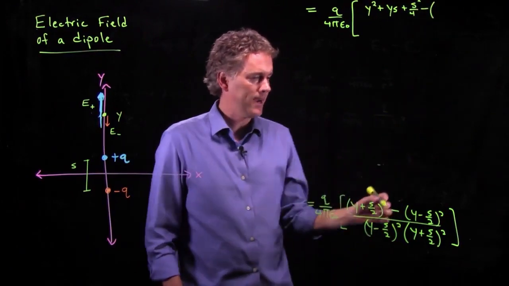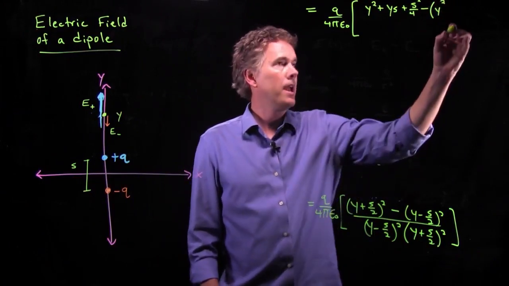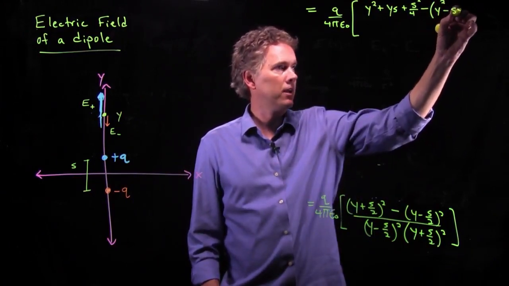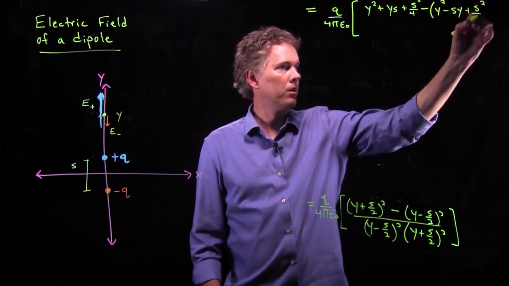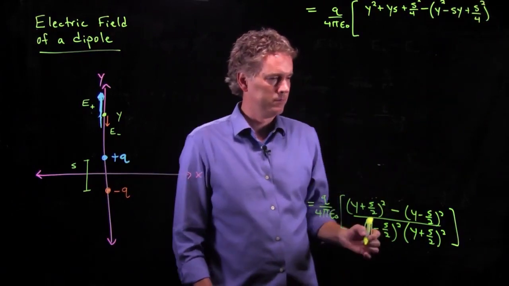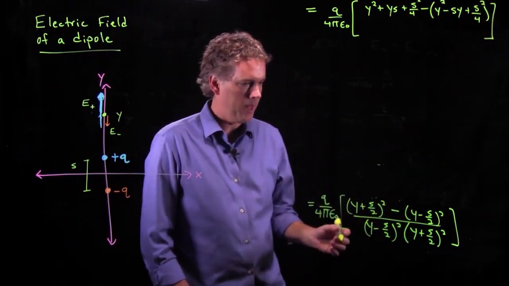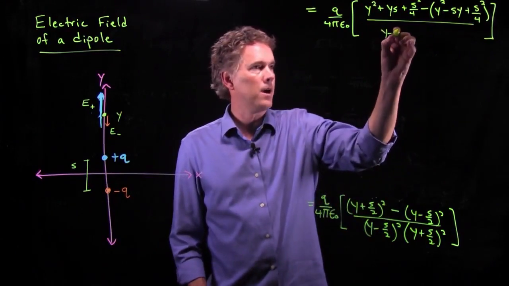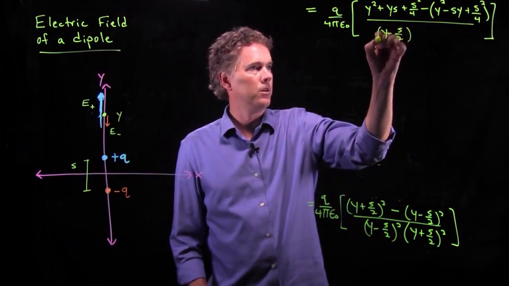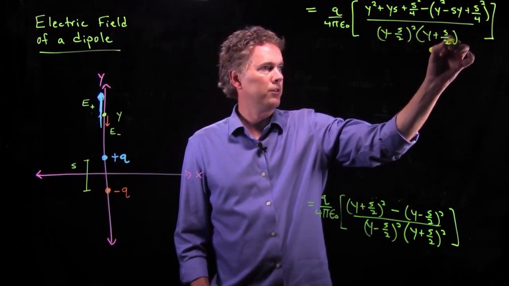Well, we're going to subtract a y squared, a minus sy, and a positive s squared over 4. Okay, that looks pretty good. And then in the denominator, we still have this, y minus s over 2 squared, y plus s over 2 squared.